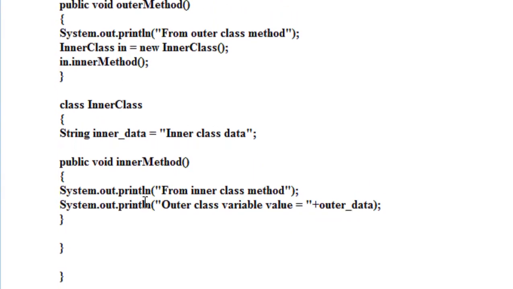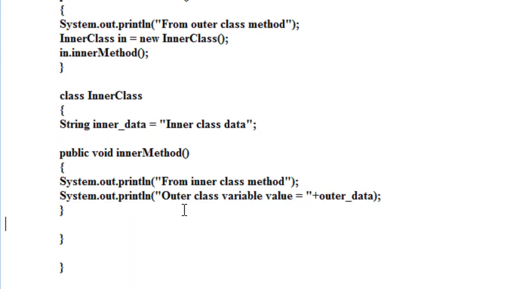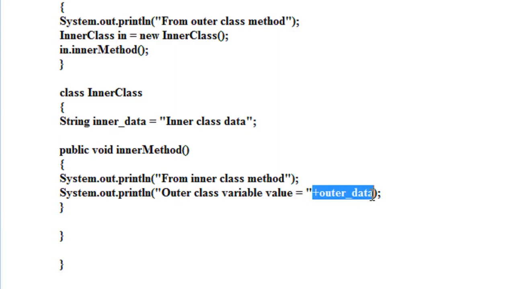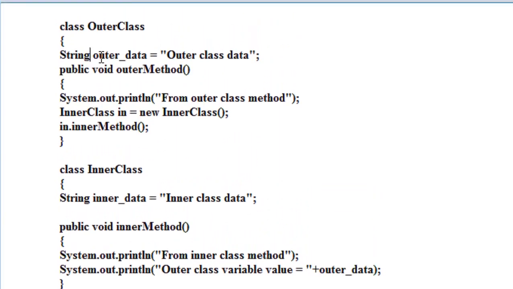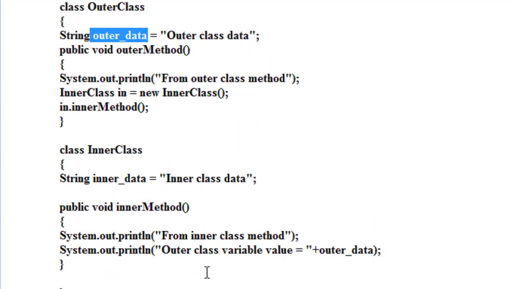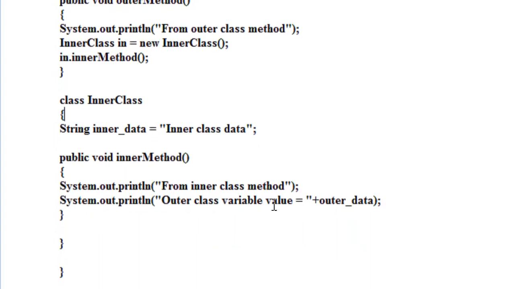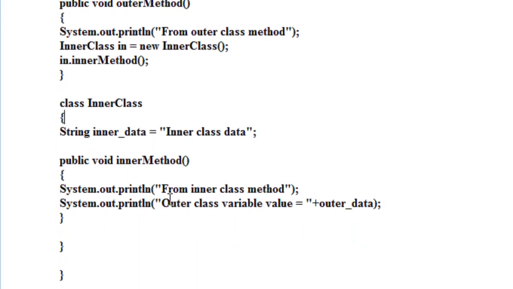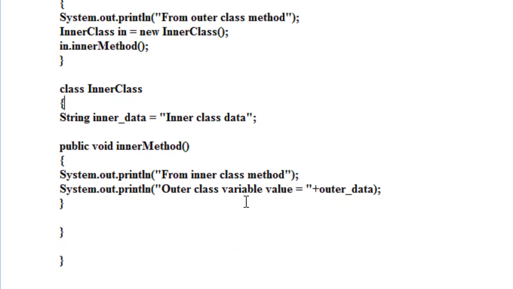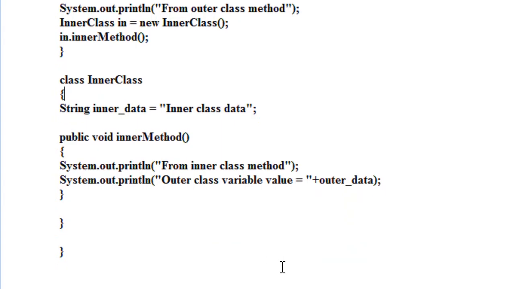This is a valid statement because an inner class can access all the members of the outer class. Here you can see outer data is actually a member of outer class, but this method inner method is actually the property of the inner class. So it is possible for the inner class to access any members or variables of the outer class.